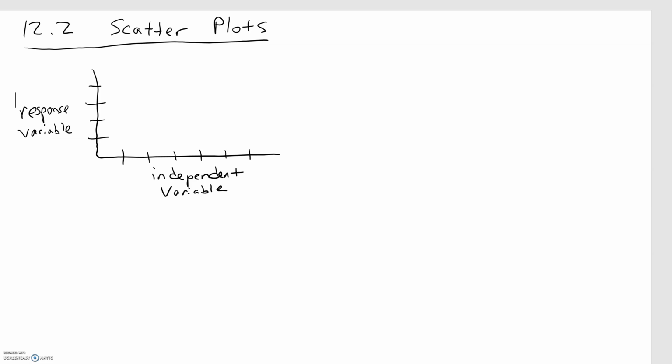What we're doing here is we're looking at the relationship or the correlation between the two variables. The correlation, that's a word you want to become familiar with, is the relationship between the two variables.